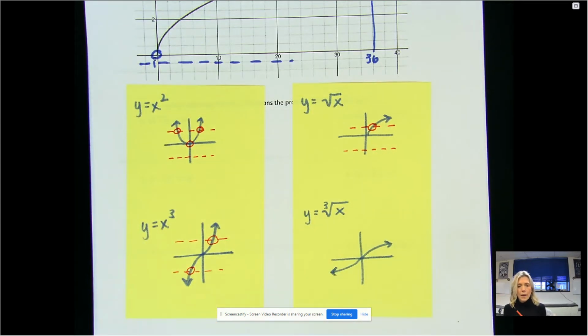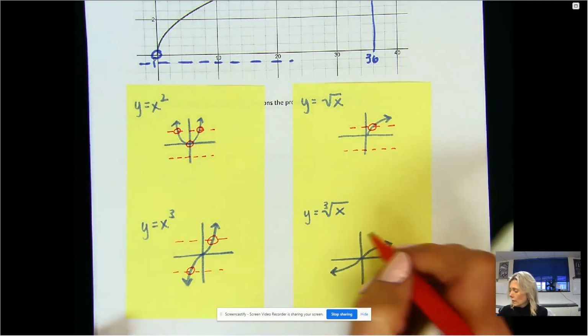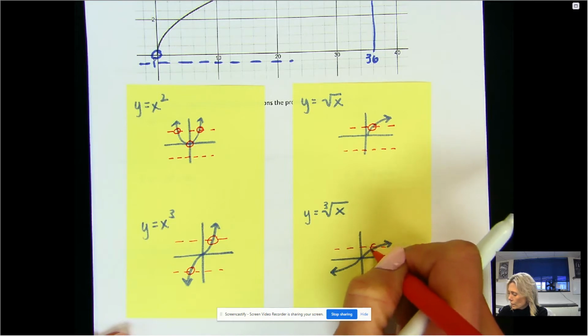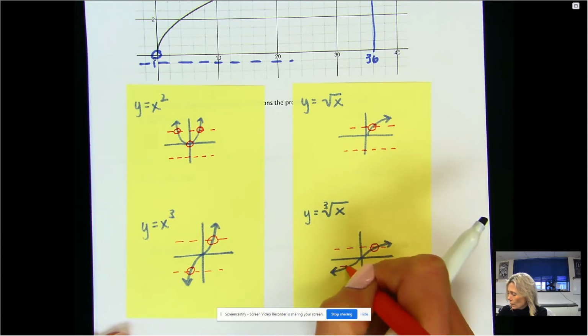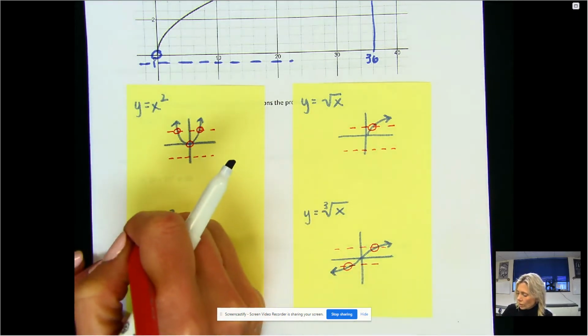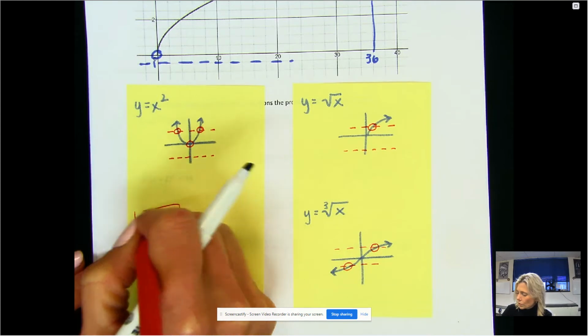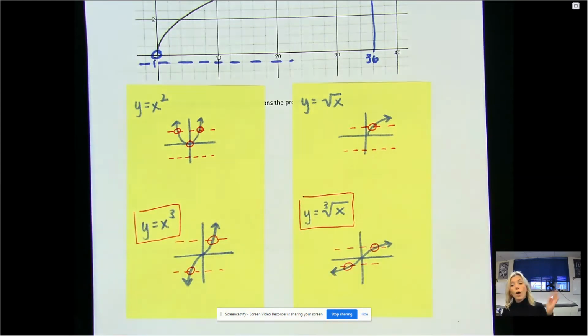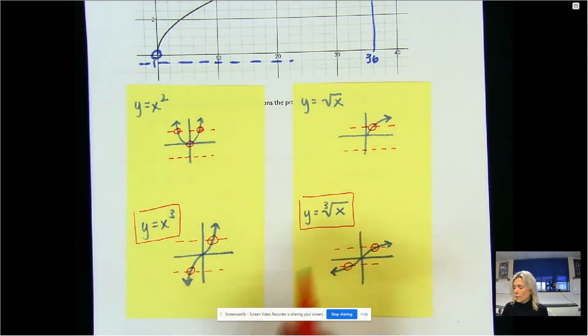So a similar thing happens that if you have a cubed root equation, it's equal to a positive number, there's one solution. It's equal to a negative number, there's one solution. So all x to the third equations and cubed root of x equations, they always have one solution, always. There's not a possibility of no solution with either of these.